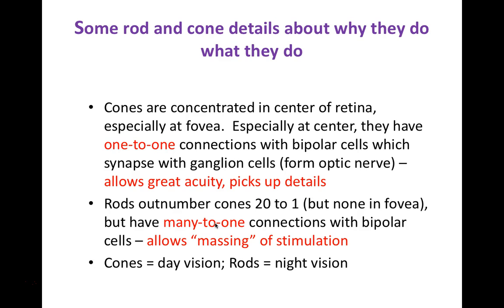It allows you to see in very dim stimuli because lots of information is coming about that single stimulus, all massed onto stimulating a bipolar cell. So cones are very good in day vision because they have this one-to-one connection. And rods are good in night vision because you don't have much light, so it needs to be pooled or massed together, and rods basically have these many-to-one connections with bipolar cells.